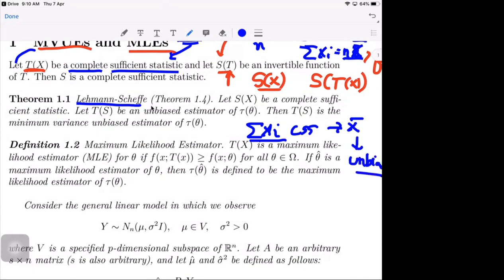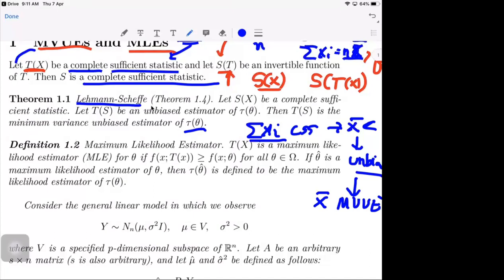So if it satisfies that, x bar is also a complete sufficient statistic by definition. Since this is a CSS, its transformation is also a CSS. So if you can prove that the new transformation of a CSS is unbiased, then that estimator x bar is the MVUE, or minimum variance unbiased estimator, for your general parameter space, say tau of theta.